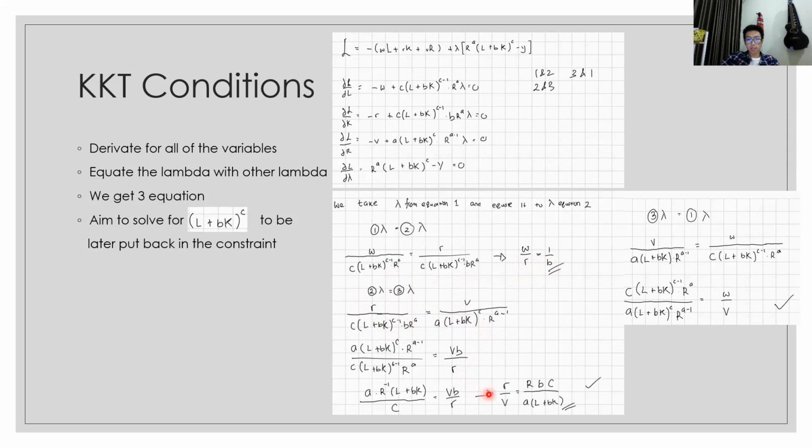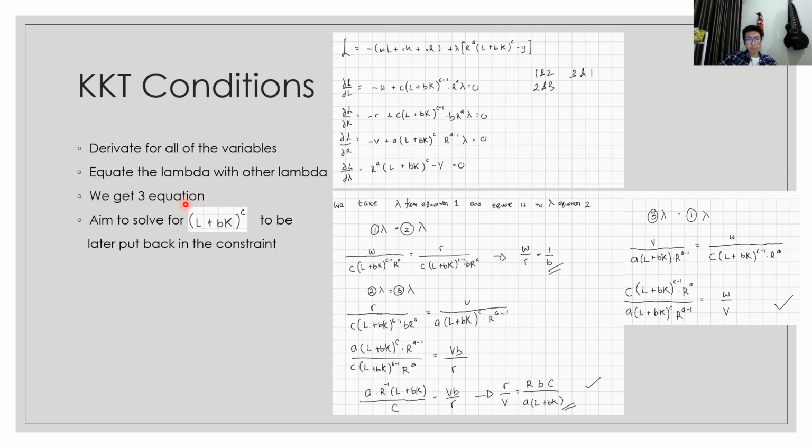When simplified again, you get R over V equals RBC over A times LBK. For the third and first, we get V over this value and W over this value. When simplified, we get W over V equals C times LBK times R to the power of A over A plus LBK to the power of C times R to the power of A minus 1.